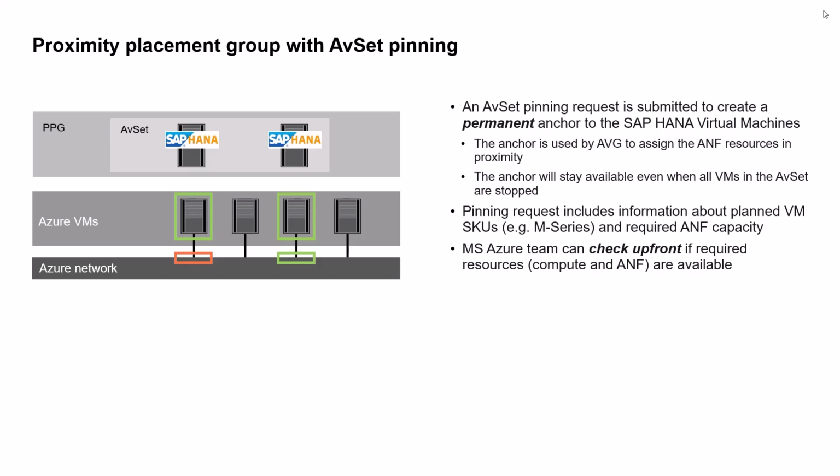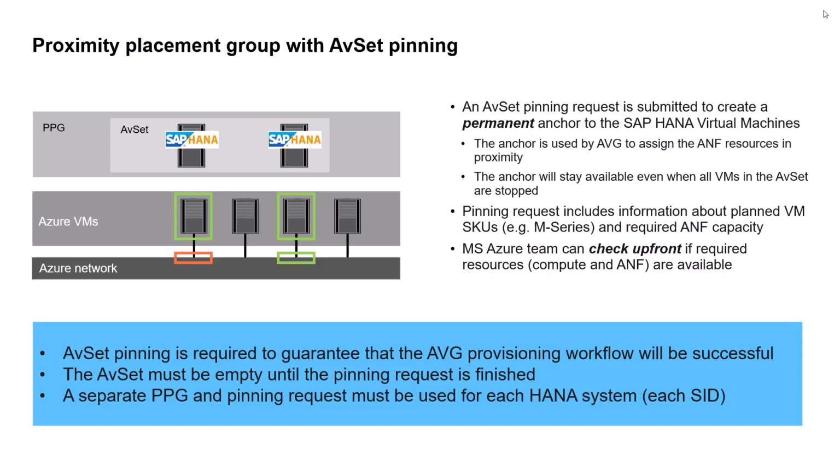Availability set pinning is used to create a permanent anchor to the Azure compute cluster and the associated network spine. Before submitting the pinning request using a request form, a proximity placement group and an empty availability set must be created.